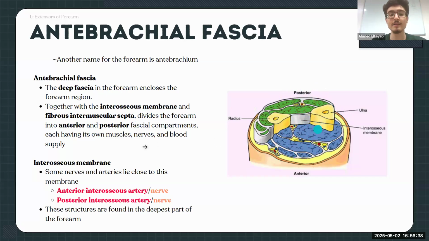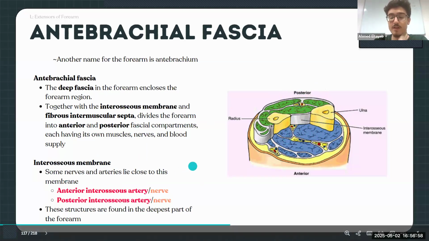Tamam? Now, the interosseous membrane is very, very important, because we said that it separates both compartments, and that it holds both bones very strongly together, right? Now we have some arteries and some nerves that run very close to the interosseous membrane.